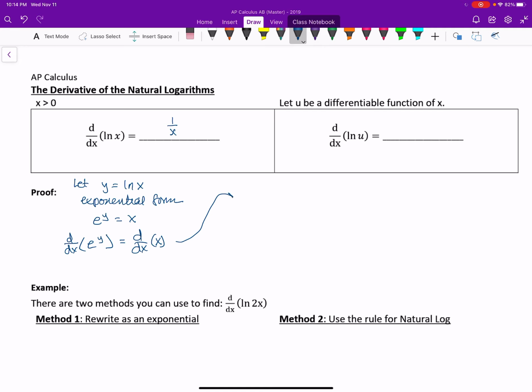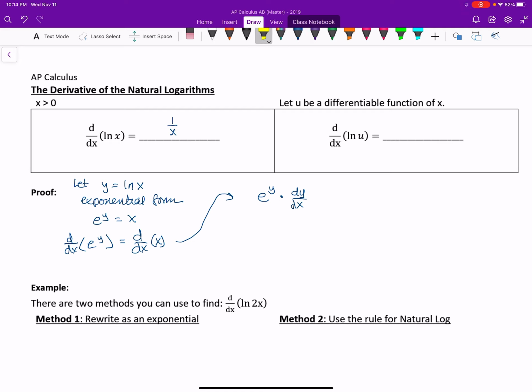Well, I'm going to run out of room, so I'll put it up here. So the derivative of e to the y, the derivative of e to anything is just itself, right? So it's going to be on the left-hand side, e to the y, but using the chain rule, I have to take the derivative of y with respect to x, which is going to be dy dx. So that's using the chain rule.